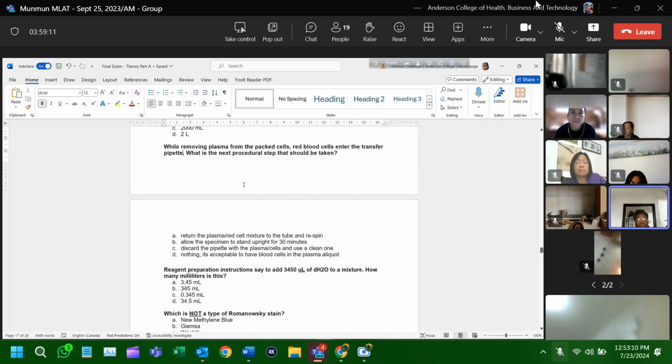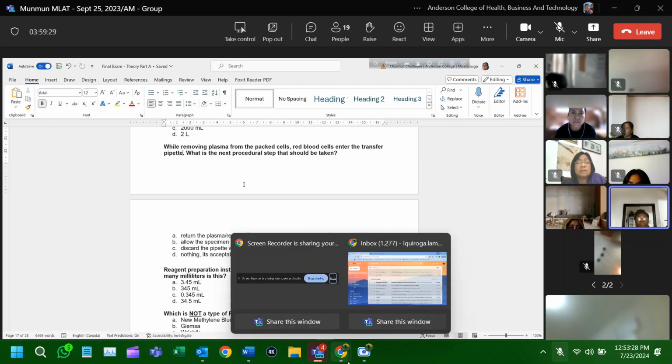While removing plasma from packed cells, red blood cells enter the transfer pipette. What is the next procedural step that should be taken? A or maybe B. I think it's C: discard that pipette and use a new one, or just let it be?